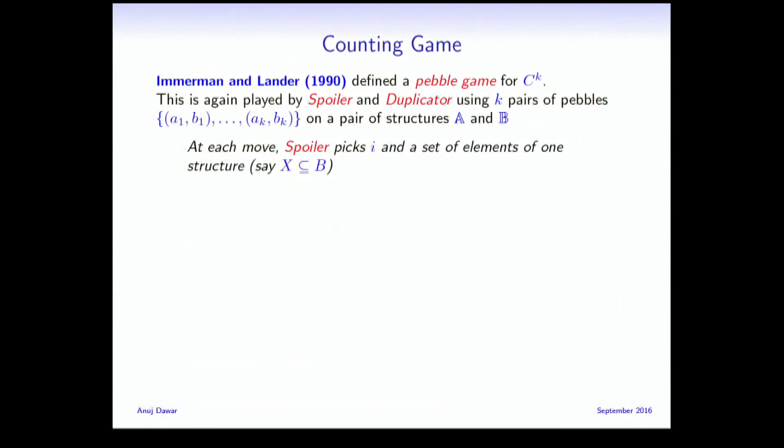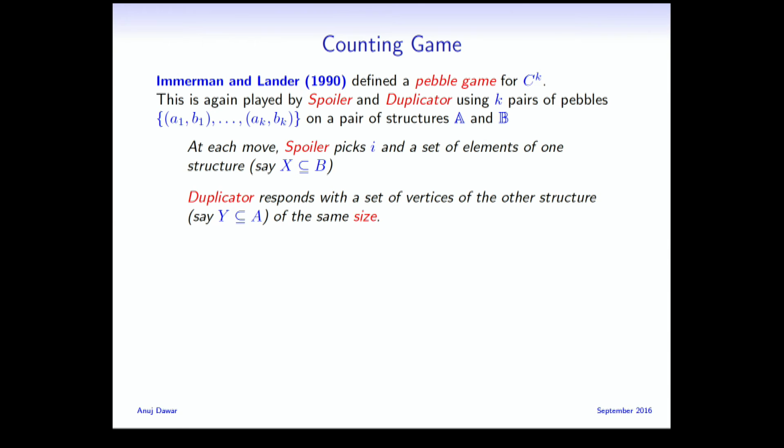Here, spoiler picks i means spoiler picks one of the pebbles, and a set of elements of one structure. So basically, say spoiler is asserting this is true in B, so picks a set of elements that satisfy this. Duplicator has to respond with a set of elements of the other structure of exactly the same size, saying, well, there is a set on the other side which also has this property. Now spoiler says, aha, you cheated.